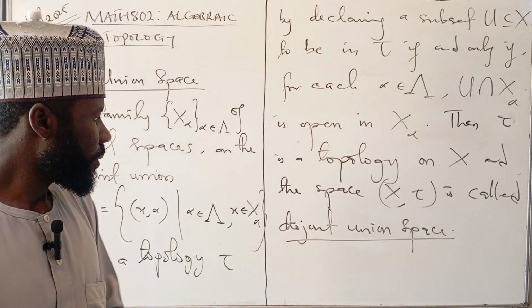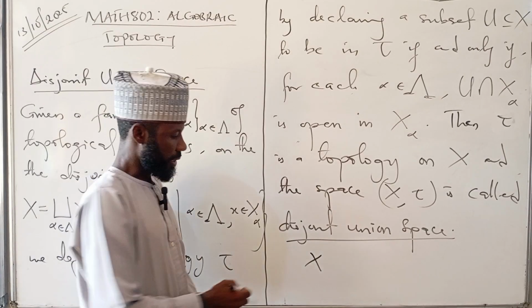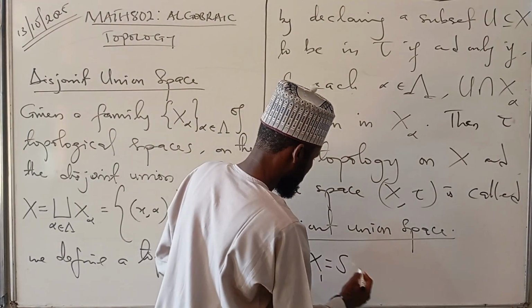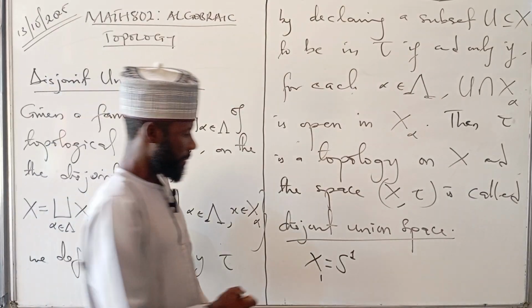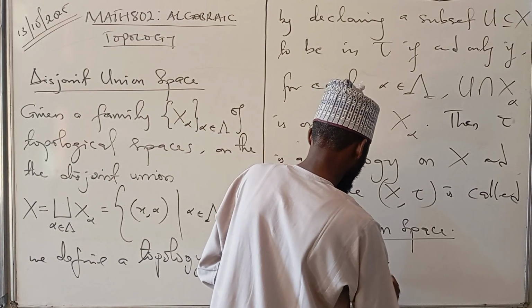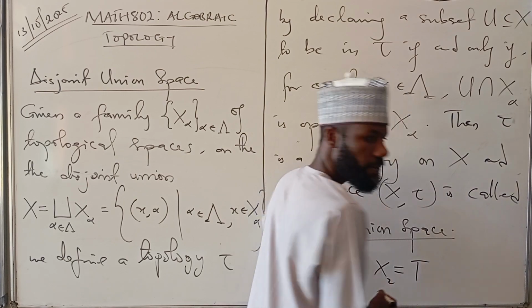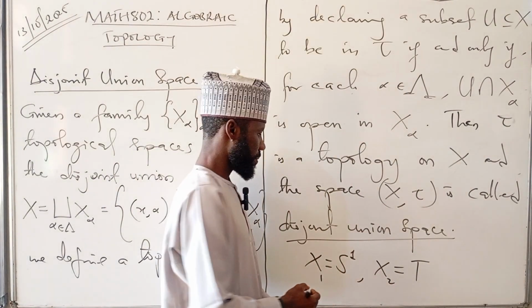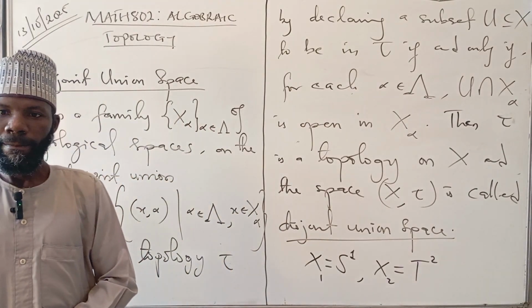You know. Let's say we have this space, and x1 is the circle, for example, and if you take x2 to be maybe a torus, T2. This is how we write torus.